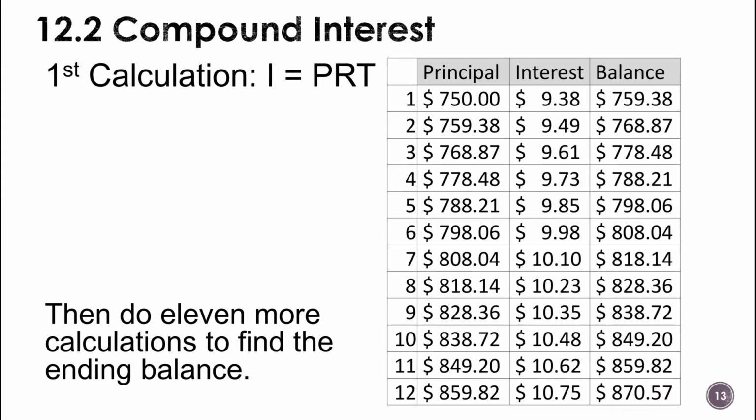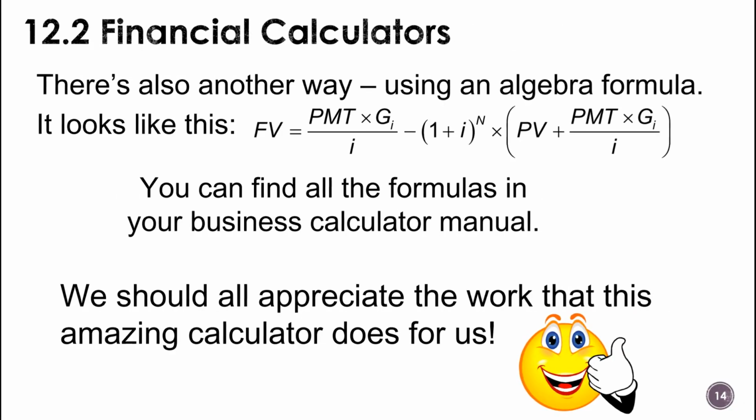And here's a chart of that where you're calculating each time your principal, your interest, and your new balance, as you add the interest onto the previous principal. So principal plus interest equals your balance each time. We would have to do a lot of calculating to get all the way to the end of that chart. Now, this is a formula that you could use instead of the calculator doing the work for you.